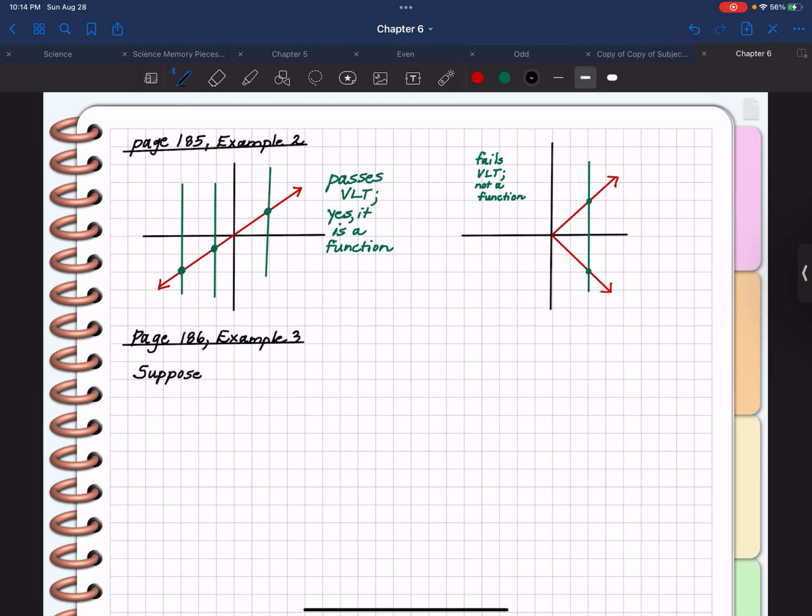Suppose every item in a store is priced at $5.